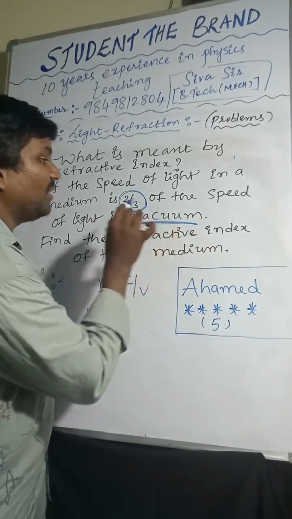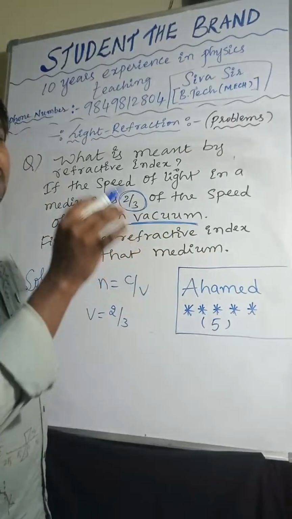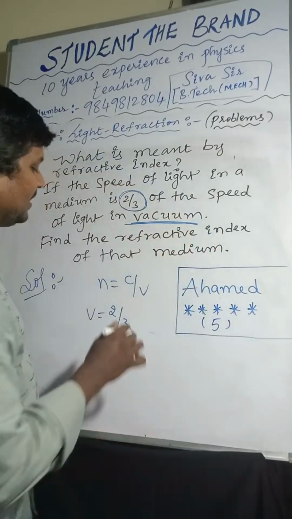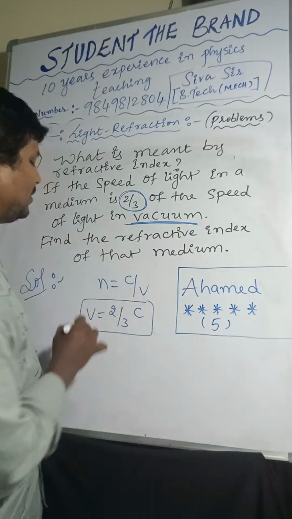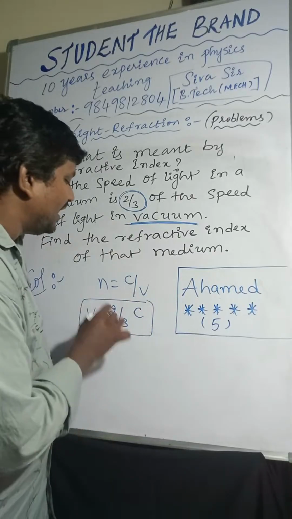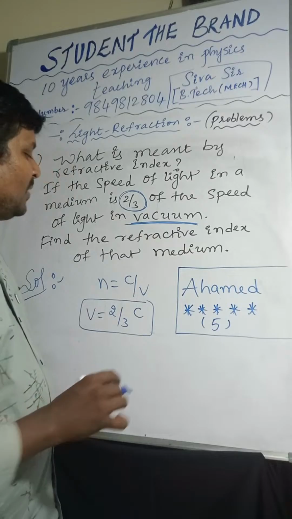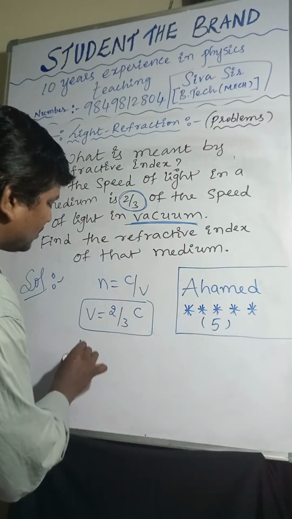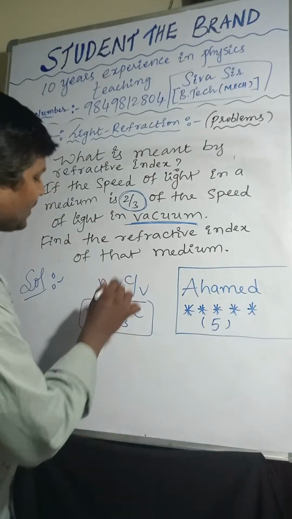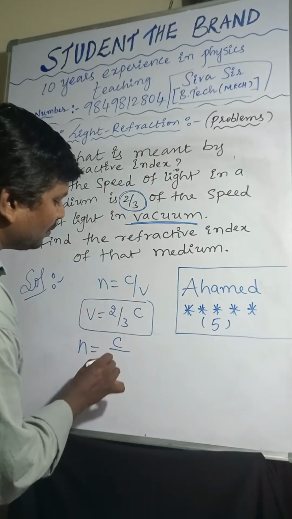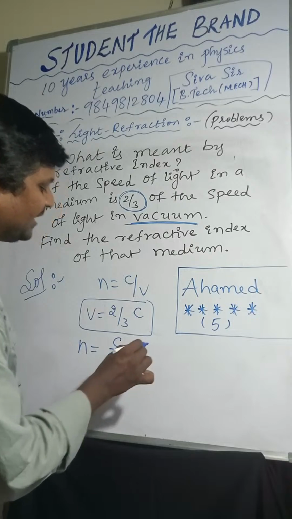Speed of light in vacuum is nothing but c. So v equal to 2 by 3 into c. Now you see, refractive index n equal to c by 2 by 3 into c.